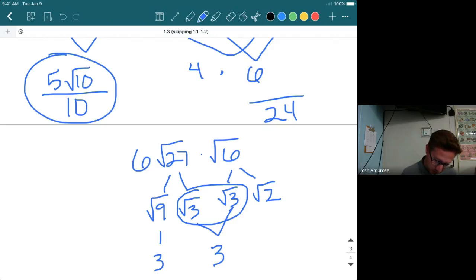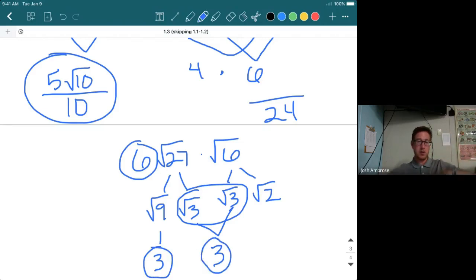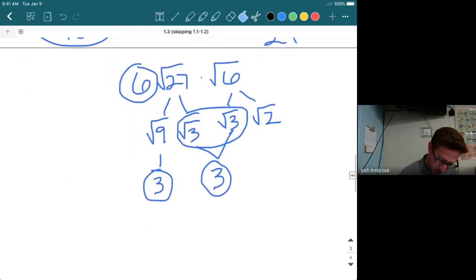All right, so now what we're looking at is we have a 6, we have a 3, and we have another 3. All of those numbers are outside of a radical, and they're all being multiplied together. Okay, so what we're going to be doing here is multiply all those together. So 6 times 3 times 3. Let's scroll down the page, get a little bit more space here.